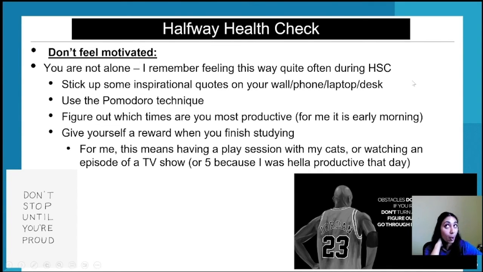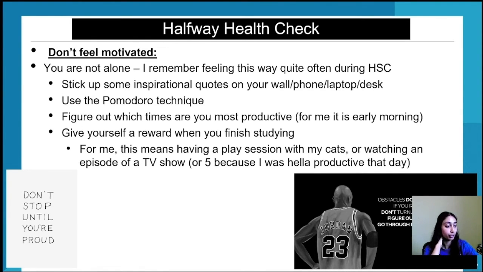Try the Pomodoro technique. I personally didn't use it because it didn't work for me. Once I get into stuff, I'm focused, and with the Pomodoro technique, 25 minutes on something just isn't enough for me. Whereas most people, I feel like the Pomodoro technique will work well for you and keep your engagement high.